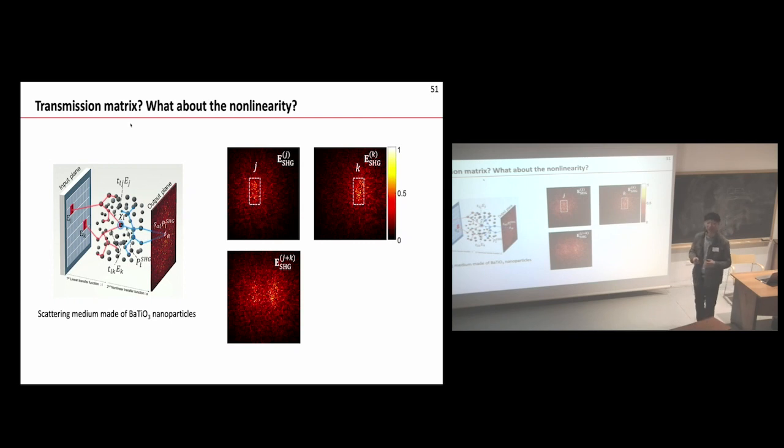In the case of a linear scattering medium, the transmission matrix faithfully describes it. So in this case, how can we describe the second harmonic scattering medium? Imagine you turn on one channel and then you measure SHG. Now you turn on another, and you have another spectral pattern of SHG. But what if you turn on both J and K? You have this, right?